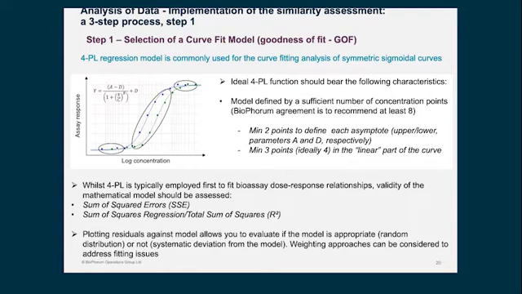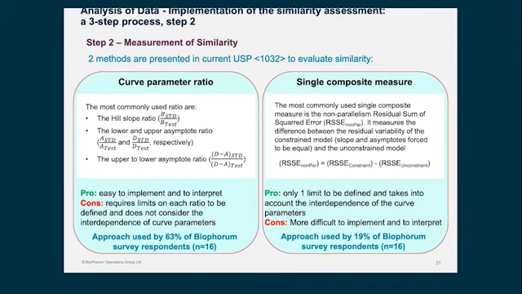If we go to the next slide, you will see the second step of the process. So once you have the right fitting model, then you need to find a way to measure similarity. And again, you have two approaches that are proposed in the USP 1032 to evaluate that similarity. The first approach is to look at the curve parameter ratio.